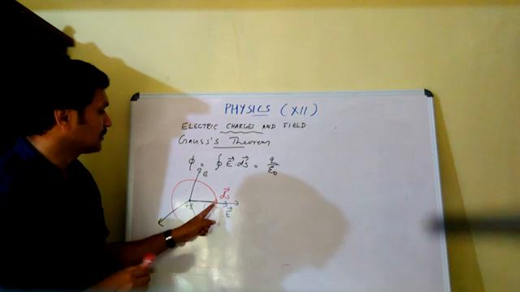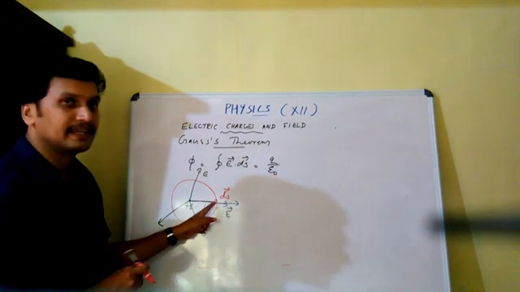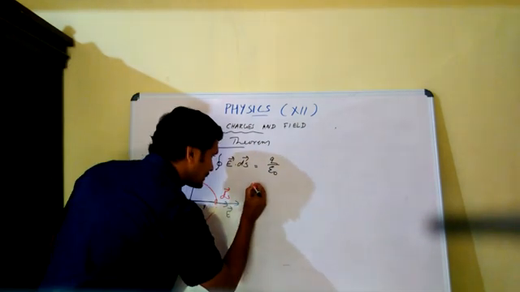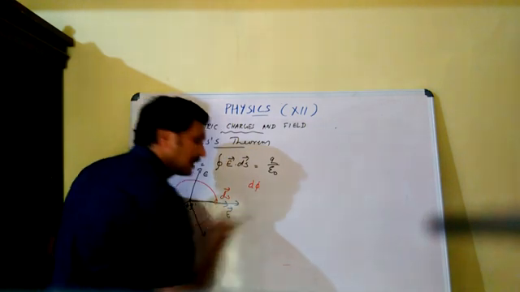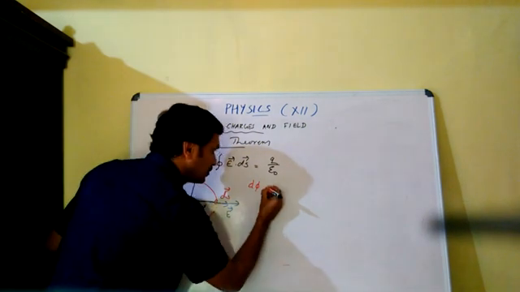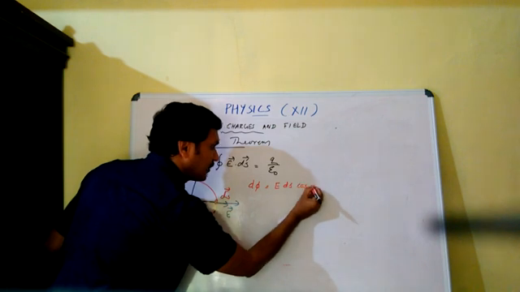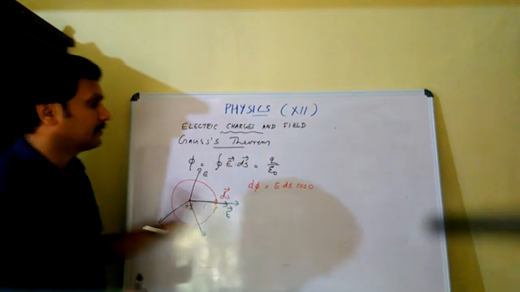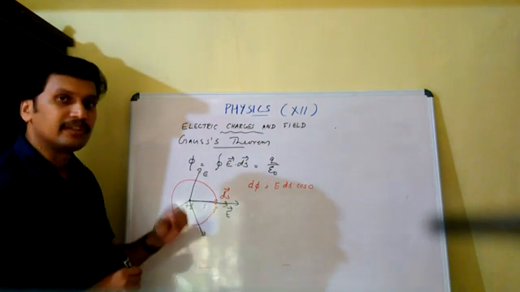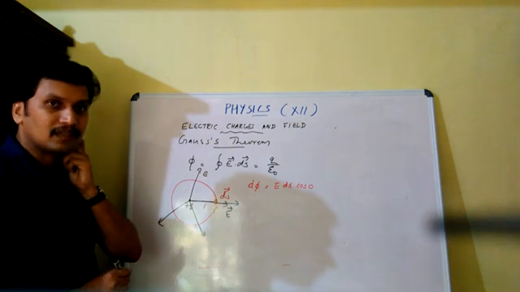If you calculate the flux through this small area element, we get d phi equal to E into ds into cos of the angle between them. The angle between them is 0, so we get E ds into cos 0.